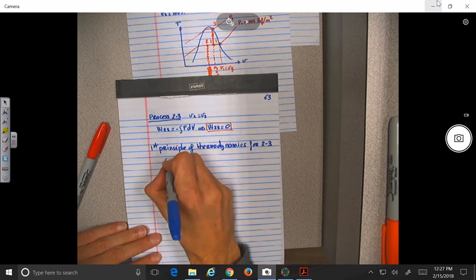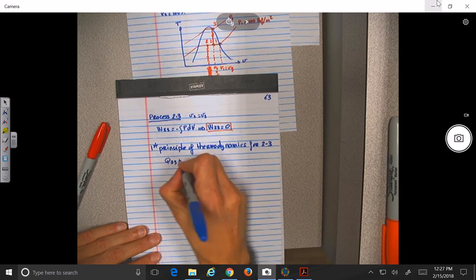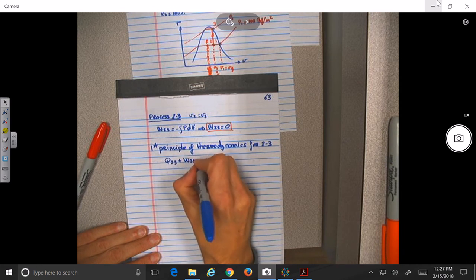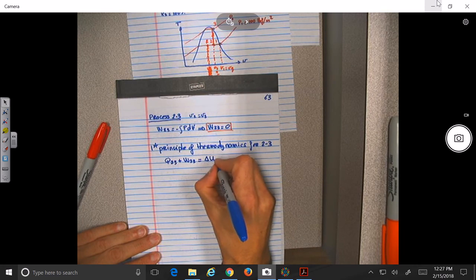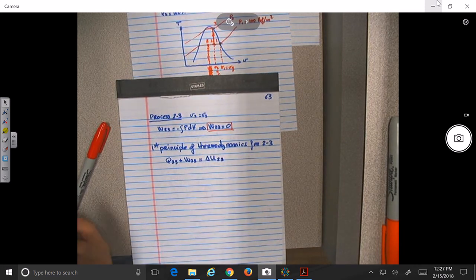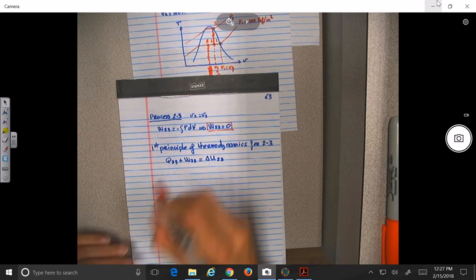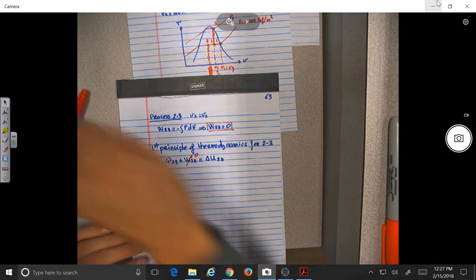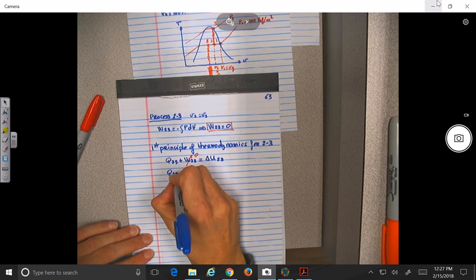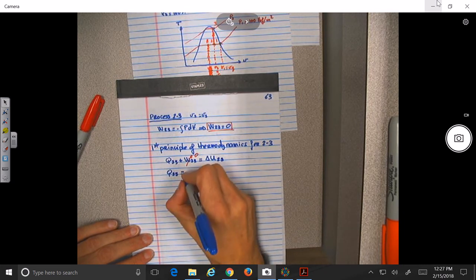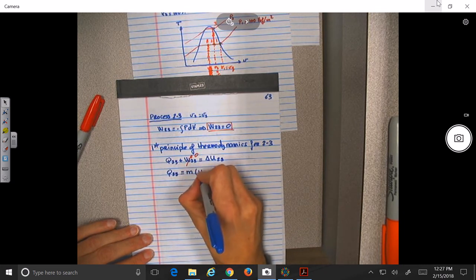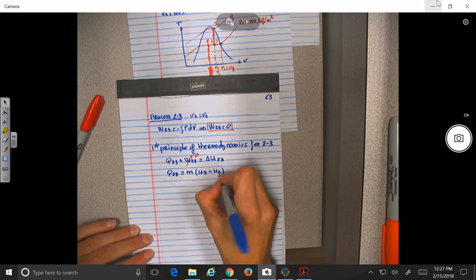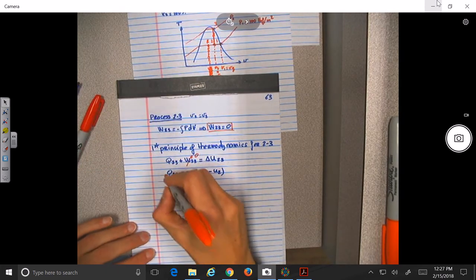So we're going to have Q2-3 plus work 2-3 will be equal to the change in internal energy 2-3. So we know the work is 0, so the heat will be equal to the change in internal energy.